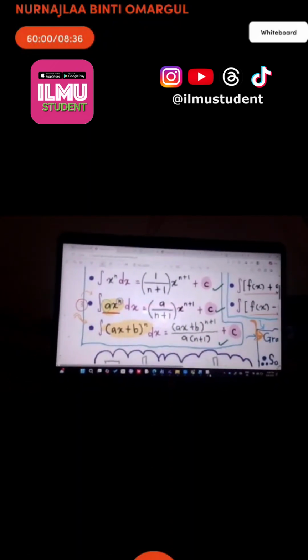So returning to our question, we have the integral of 4 bracket 8 minus x squared dx is equal to, 4 can be brought outside.